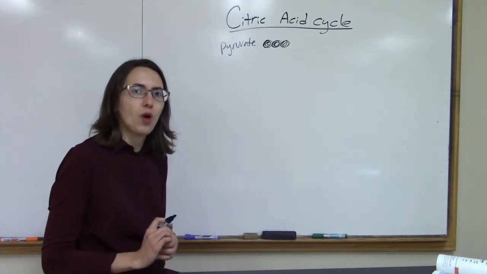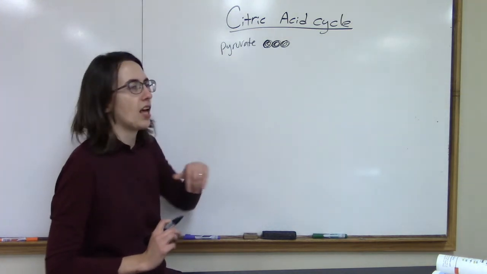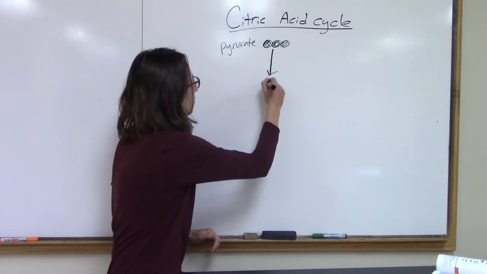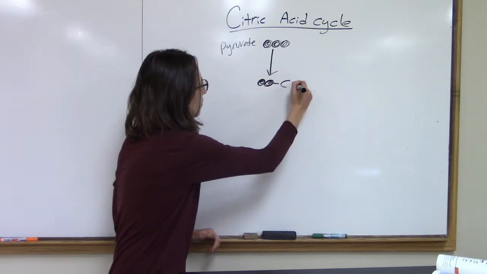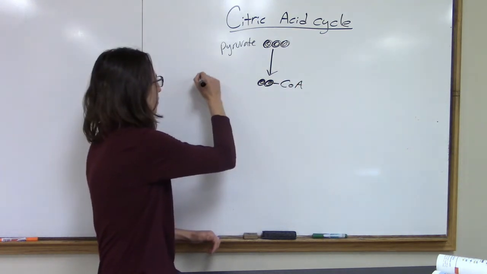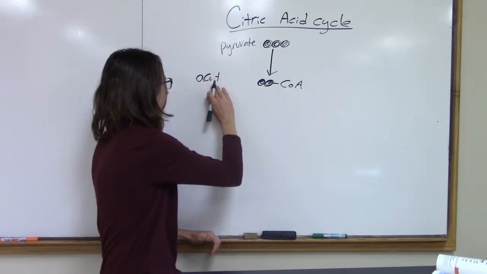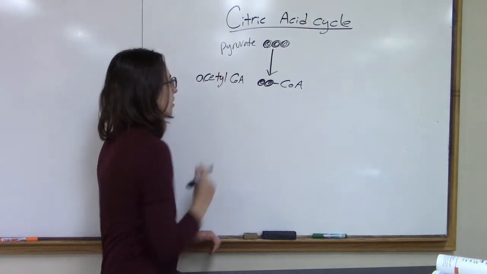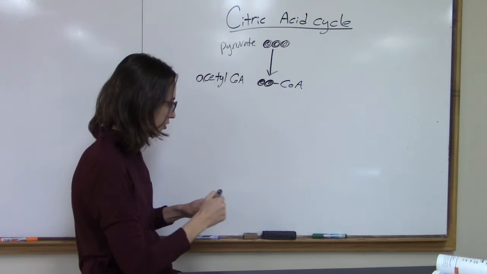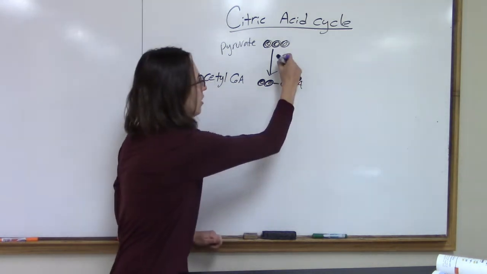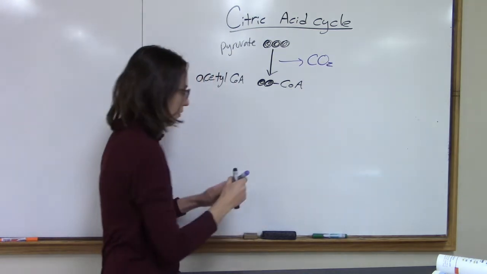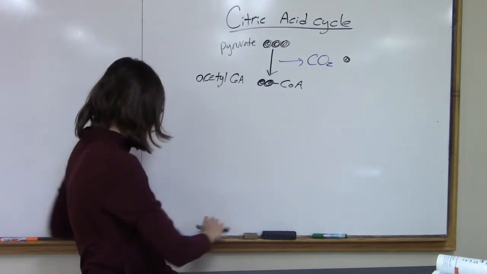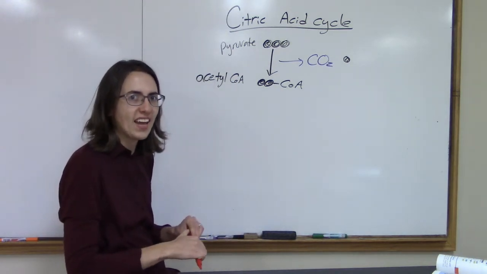Some enzymes require coenzyme A to function, but for us it's just going to help shuttle things into the citric acid cycle. Acetyl-CoA, acetyl coenzyme A. During this process, 1 carbon dioxide is lost, and 1 carbon has been chopped off. And we've also charged up 1 NADH molecule.